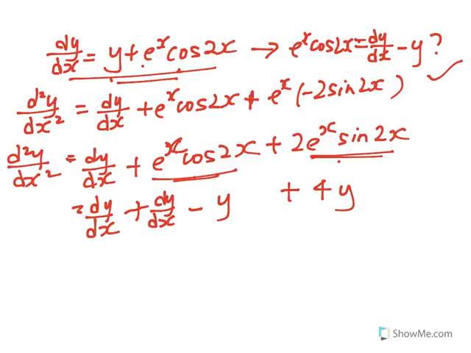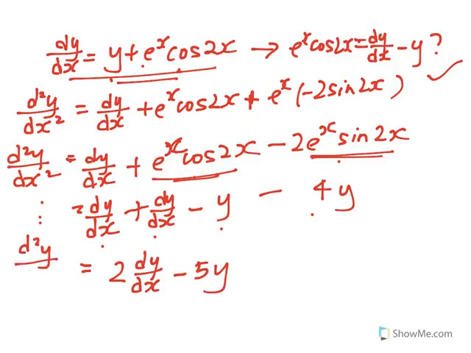So this should be a minus. Okay, my bad, my apologies. So with that, you have dy/dx plus dy/dx, you have 2 dy/dx minus y minus 4y, you have minus 5y. And over on the left-hand side, this is d2y/dx². You have shown that d2y/dx² is 2 dy/dx minus 5y. Shown.